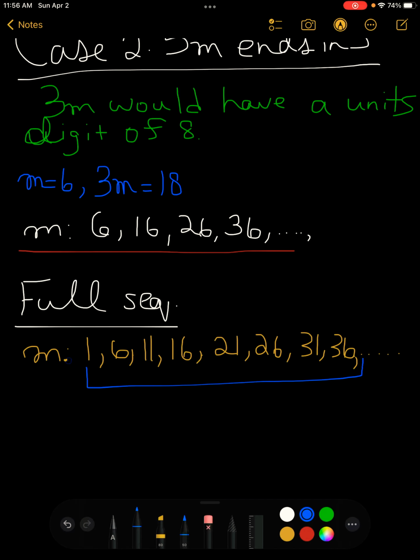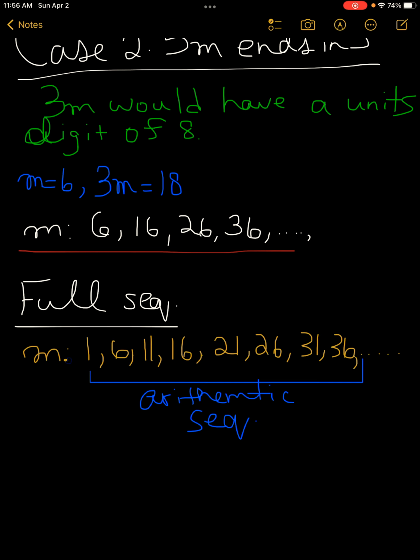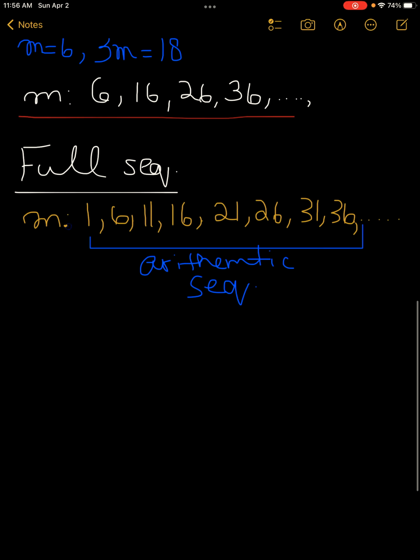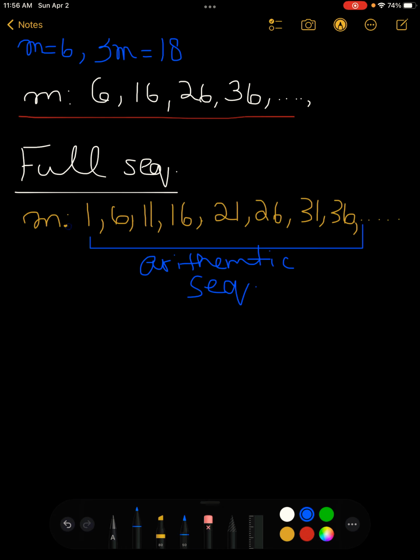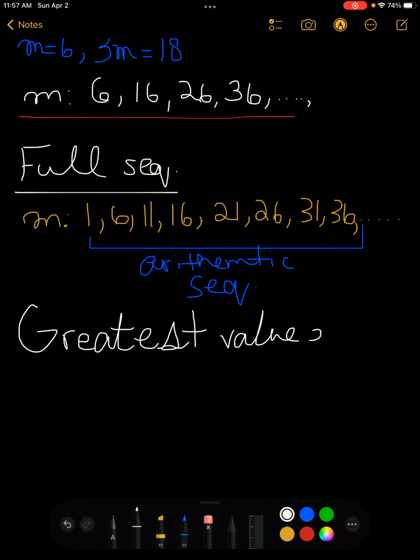Now notice that this is just an arithmetic sequence with a common difference of 5. So if we find the greatest possible value, we can find the answer to the question, because for every possible value of n, there can only be one possible value of m.